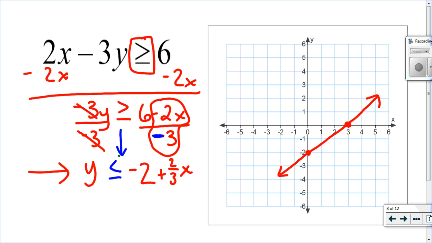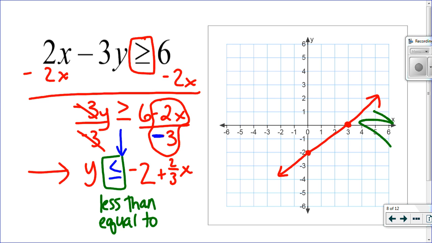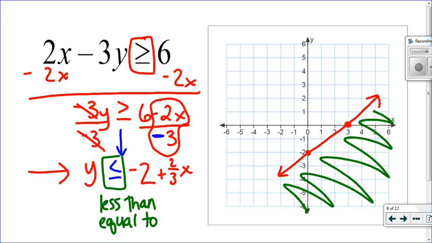Well, this now says less than or equal to. So for this one, I'm going to shade below that line, right? So you have to be careful when it's in standard form. You can graph that just fine by finding your x and y values, but you have to make sure that you're actually shading the right region.